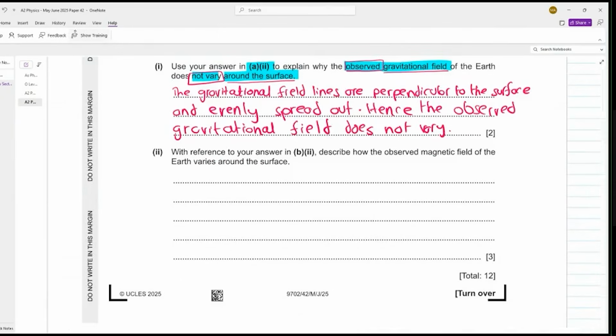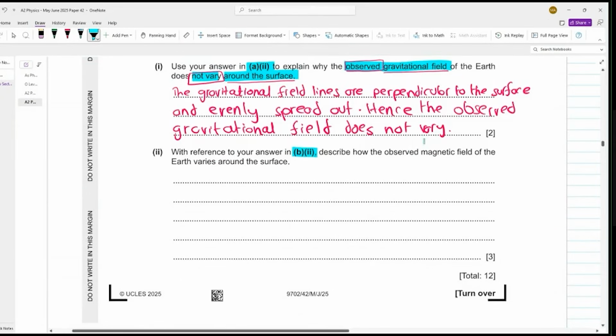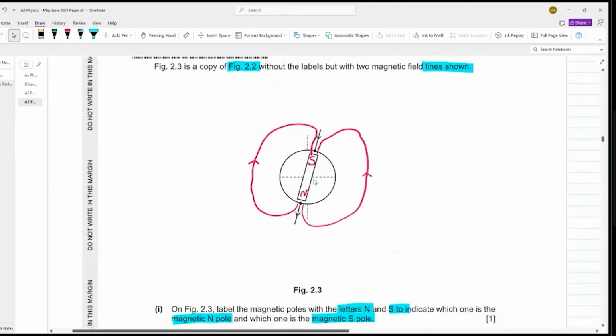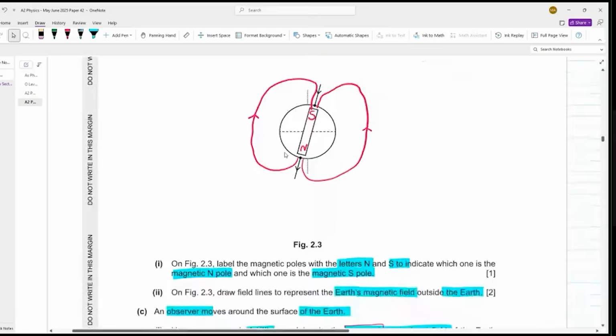With reference to your answer in B part 2, describe how the observed magnetic field of the Earth varies around the surface. With reference to this answer, we have to tell how the magnetic field varies outside the Earth's surface.